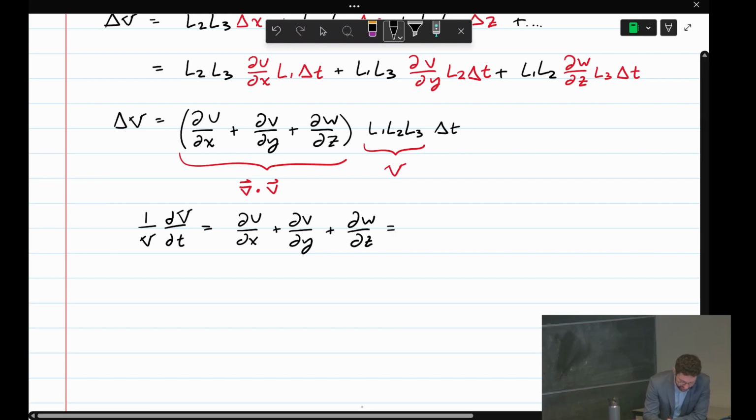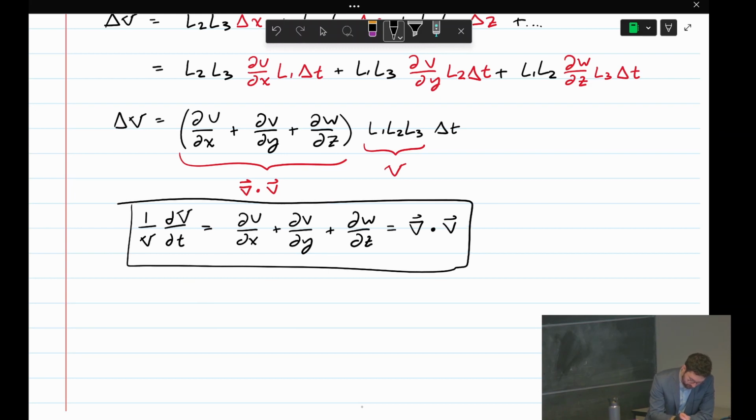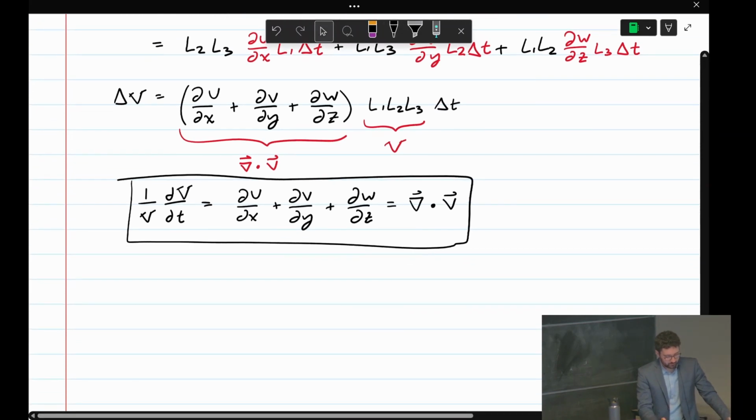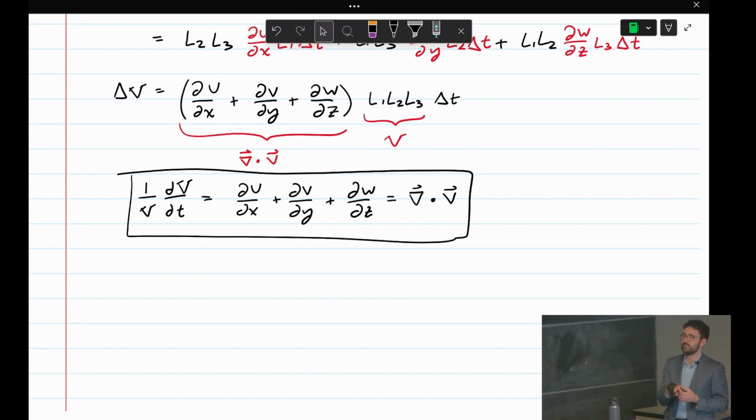And like I said above, that expression is equivalent to just writing the divergence of the velocity field.